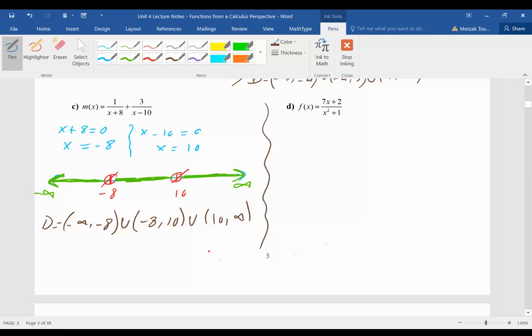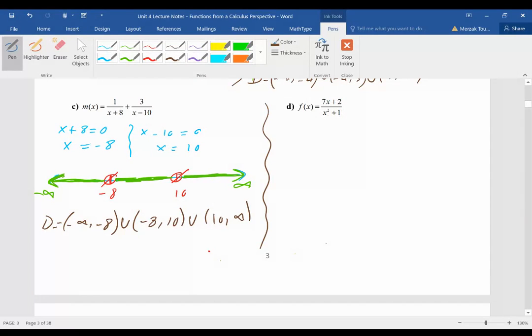Last example, which is example D, f of x equals 7x plus 2 over x squared plus 1. Now, here is how we reason with this. X squared plus 1 is actually the sum of two positive values. X squared is positive because it's squared. 1 is positive.